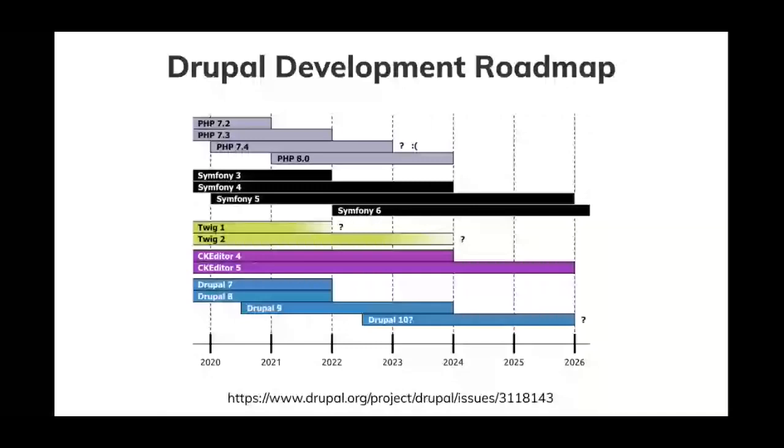It was extended due to the global pandemic that we are all going through. But Drupal 8 end of life will still be at the end of 2021. This is because of dependencies and stuff like that, and also because upgrading from Drupal 8 to the next Drupal version, Drupal 9, or even Drupal 10 when it comes out, will be easier than upgrading from Drupal 7. And that's why we are here today.